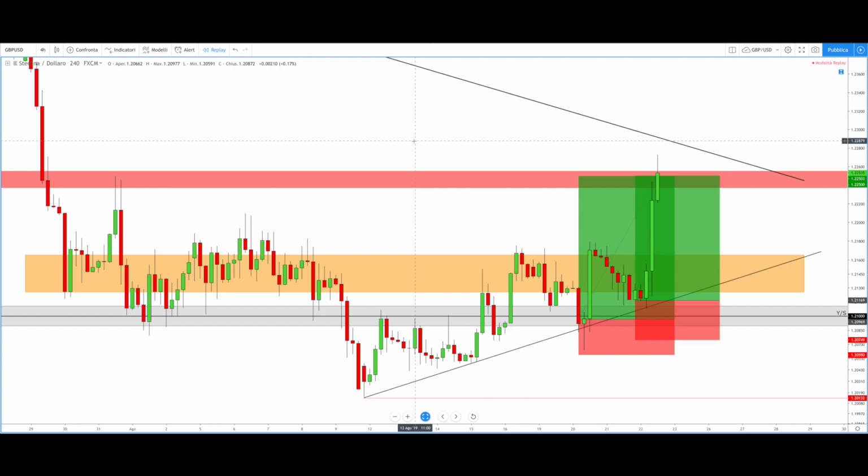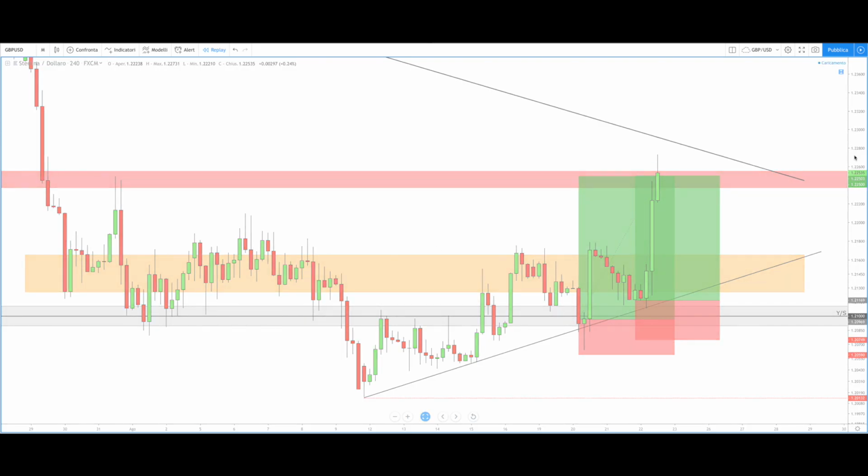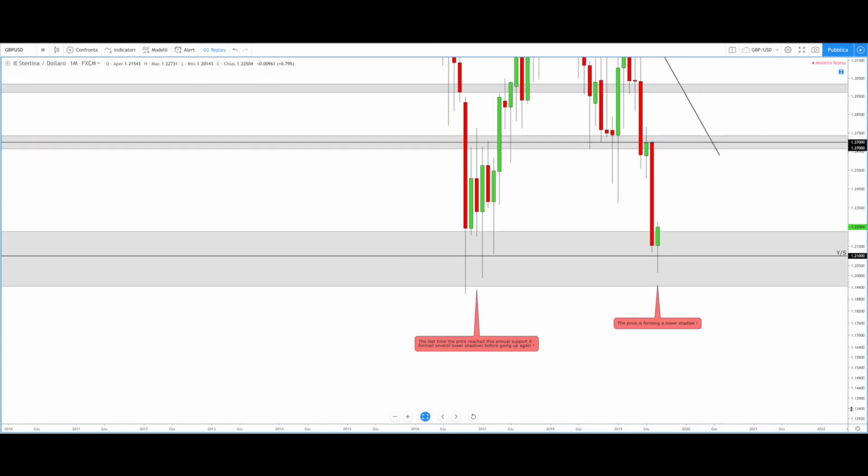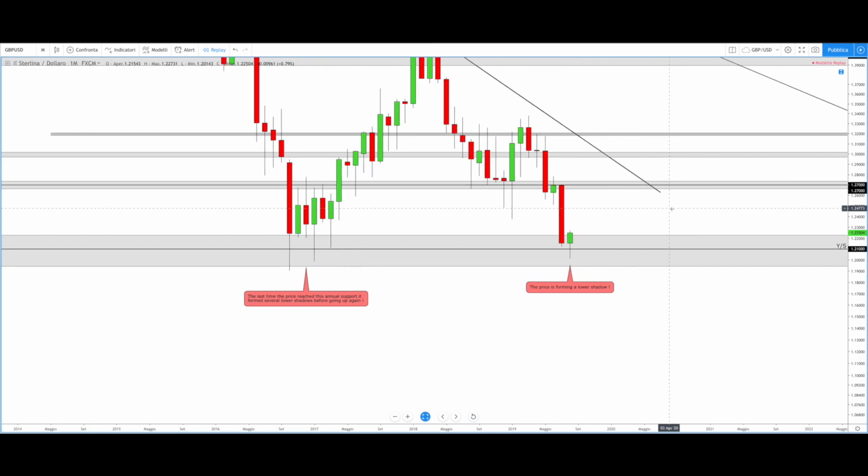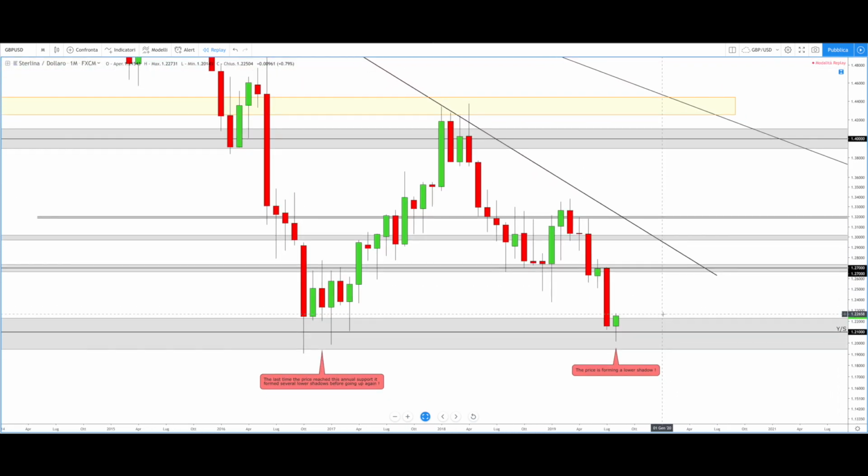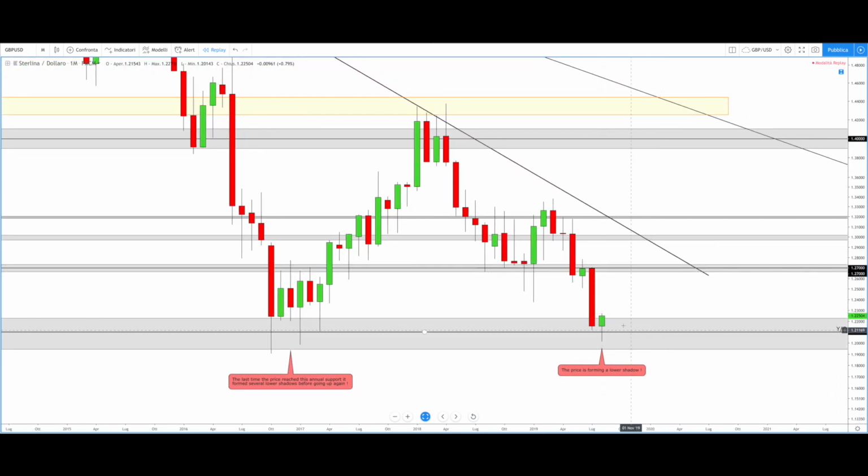But to know well the reason behind this trade and these entries, we need to go on a bigger time frame, and we can start from the monthly time frame here, because we can see that the price in the last weeks has reached this key support 1.21.